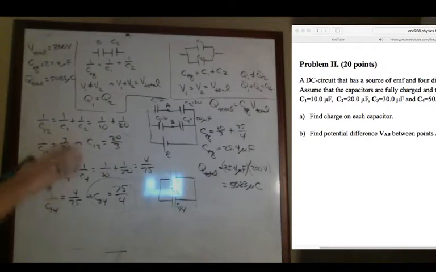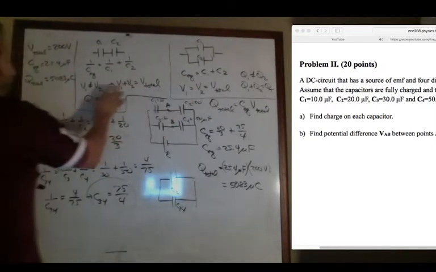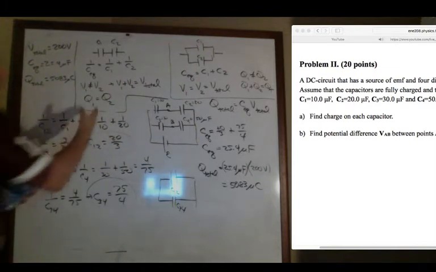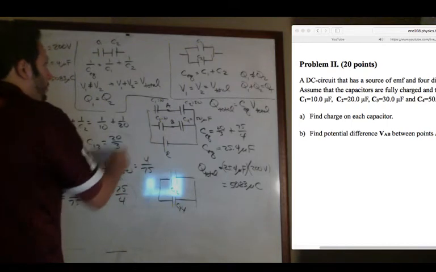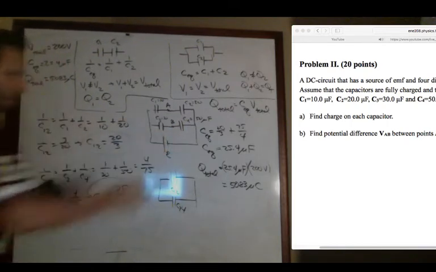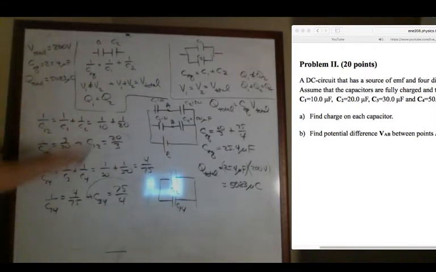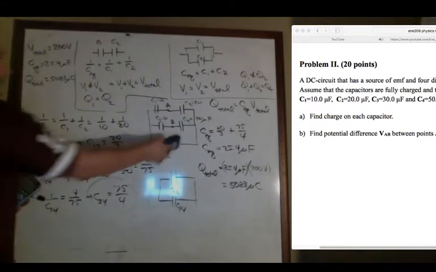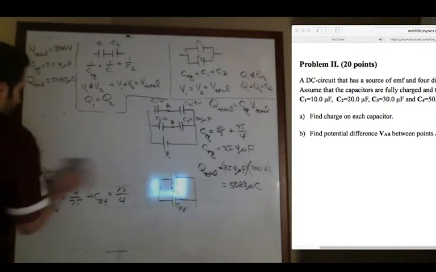Cool. Now that we have that, we need to utilize these rules about the conservation of voltage or the conservation of charge, depending on whether it's in series or in parallel, to find the charge on each one. Because now what we need to do is find the charge on each capacitor.